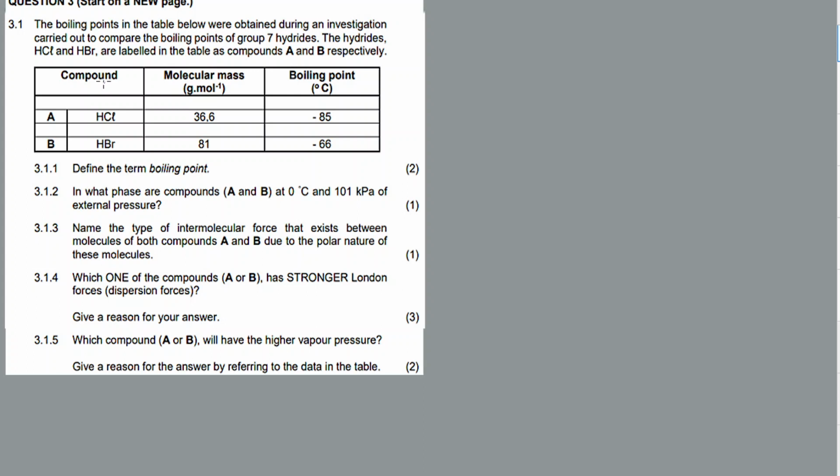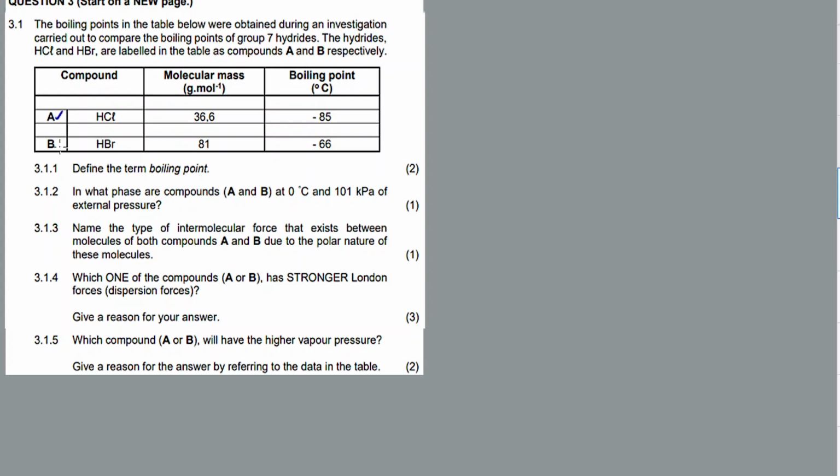So in this column we have the compounds, then the molecular mass, and then the boiling points as well. Now, I know you might want to answer, but this is a recording, so ask yourself this question.